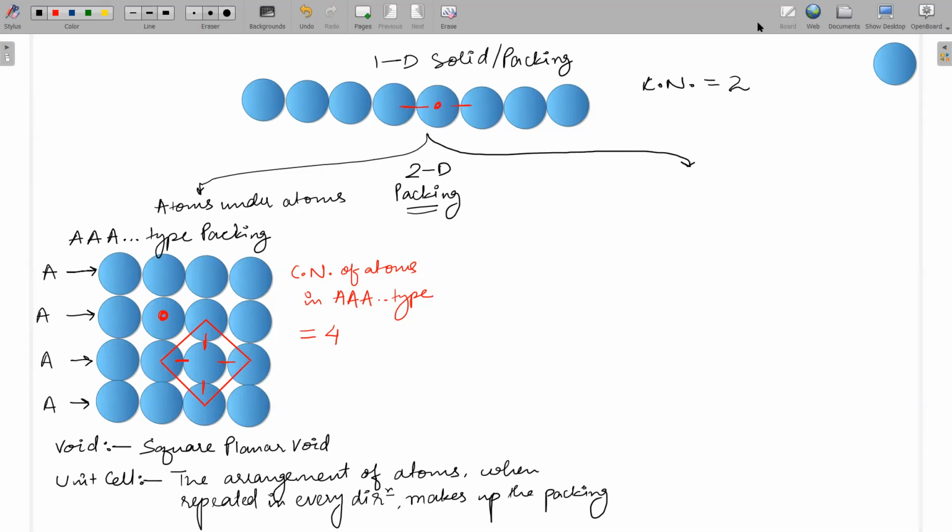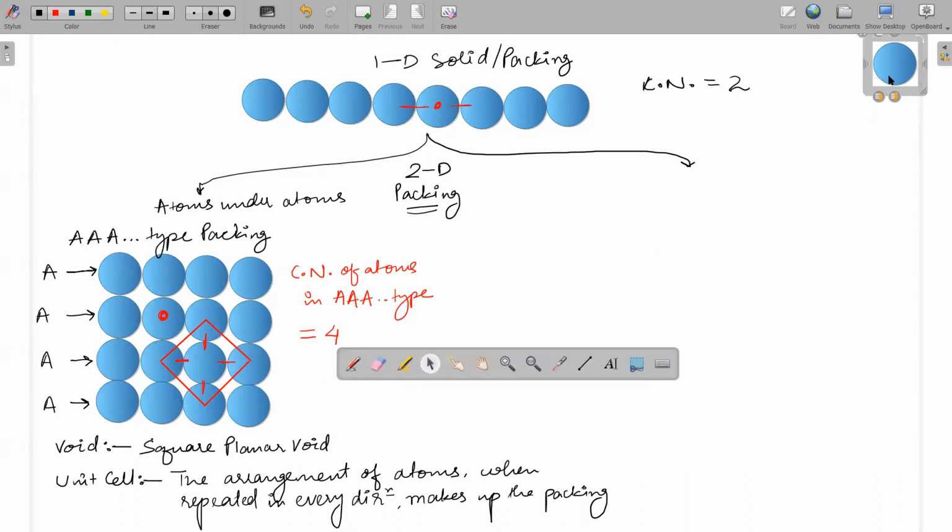Okay, second. Again, I have to start with making the stylus appear. I have to copy this. Then again, I have to copy this.